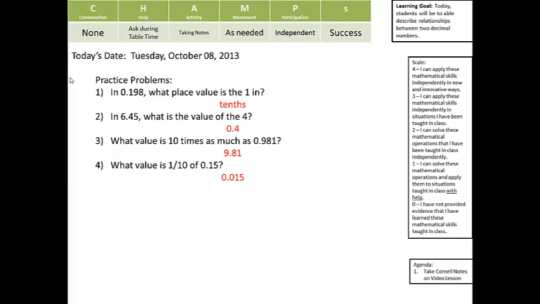What value is 10 times as much or 10 times larger than 981 thousandths, and that would be 9 and 81 hundredths. And then what value is 1/10 of 15 hundredths? And we move the decimal place over to the left one place, and you get 15 thousandths.